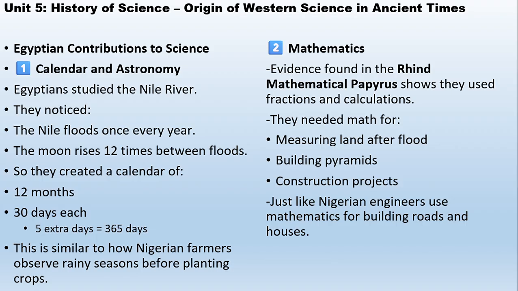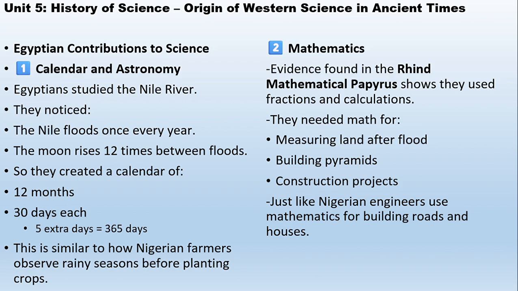They contributed by developing the calendar and astronomy. Egyptians studied the River Nile, and they noticed that the Nile floods once every year.